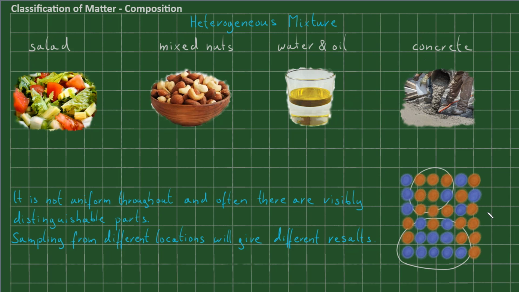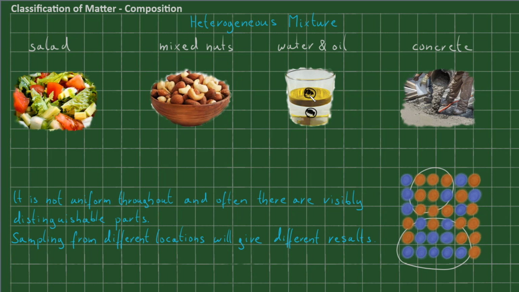So when I have a heterogeneous mixture, sampling from different locations will give different results. To go back to the macro scale, the visible scale, if I look at this cup with water and oil, I will get a different result if I take a sample from here. This sample will contain mostly water, than if I get a sample from up here, because this sample will contain mostly oil.